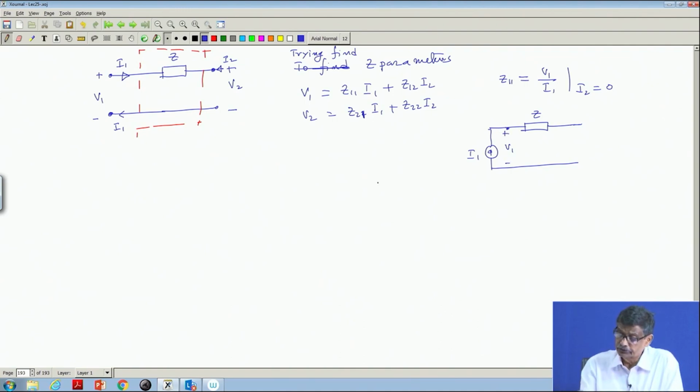I 2 is 0, so the second port is open circuited, nothing is connected, and the input port is supplied with a current source. Then I record this voltage and divide it by this current to get Z 11.